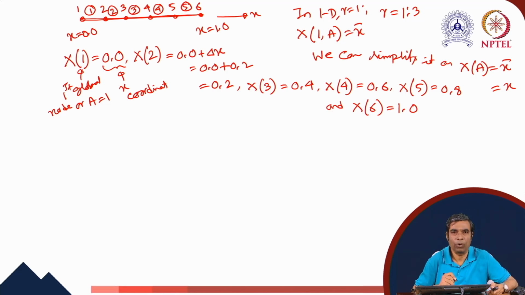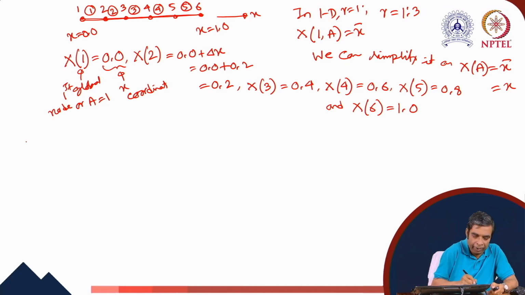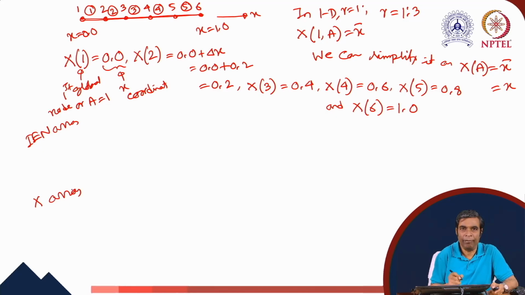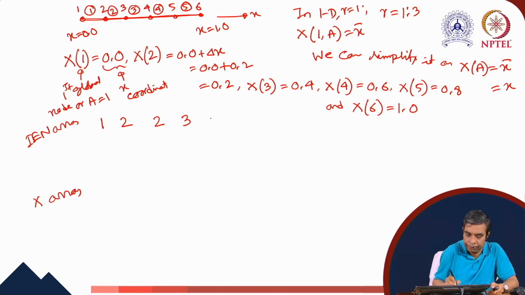To plot the coordinate data, now we have to generate a file where we write the IN array and X array in a certain format. So the IN array data for the elements, we can write as 1, 2, 2, 3, 3, 4, 4, 5 and 5, 6.